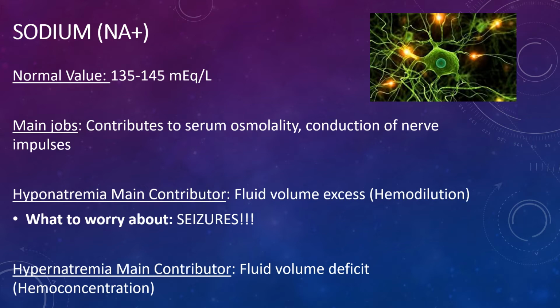What do we worry about here? Well, obviously nervous system, sodium, nervous system. We worry about seizures when sodium gets really, really low. And I tell my students this story because I think that stories from real life enhance the topic and really help drive it home and help you remember. I remember when I was working in an ICU several years ago, we would have a person that would frequently be admitted to the ICU because they were having seizures.